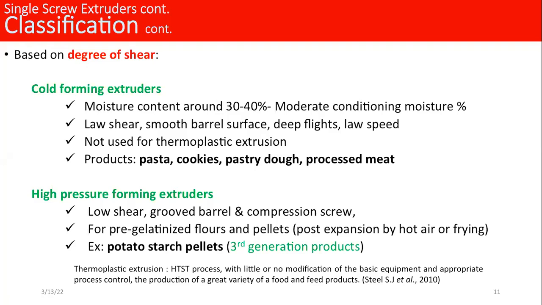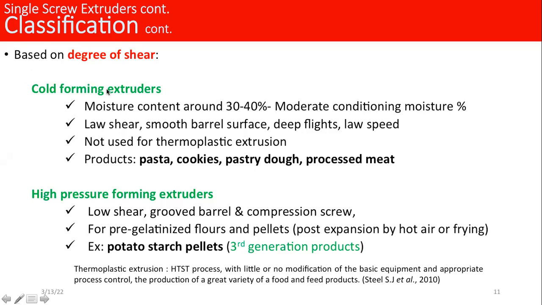And based on the shear, degree of shear, you know what is shear? It is very important in extrusion. And cold forming and high pressure forming extruders. So based on the shear, moisture content around 30 to 40%, moderate conditioning moisture percentage, low shear, smooth barrel surface, deep flight, low speed, right?